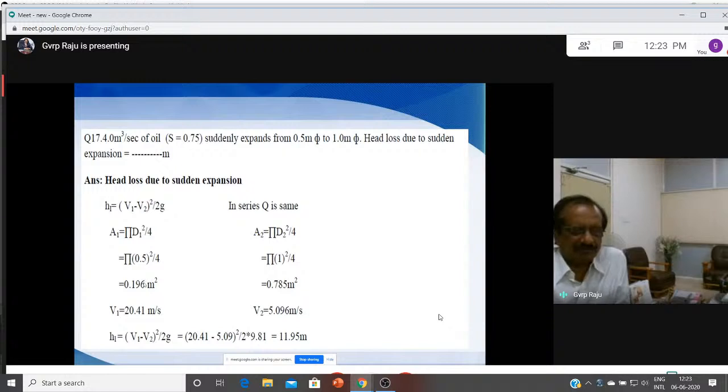He has given the discharge, and the areas are pi d1 square by 4 and pi d2 square by 4. So you can find the velocities v1 and v2, and the equation here is v1 minus v2 whole square by 2g. With velocity 1 and velocity 2, you can get the head loss due to sudden expansion, v1 minus v2 whole square by 2g, which is 11.95 meters.